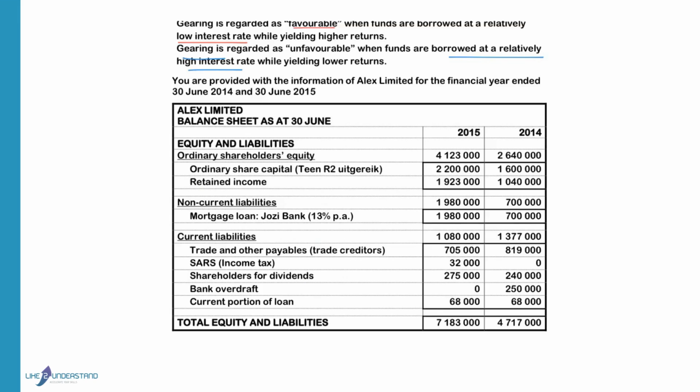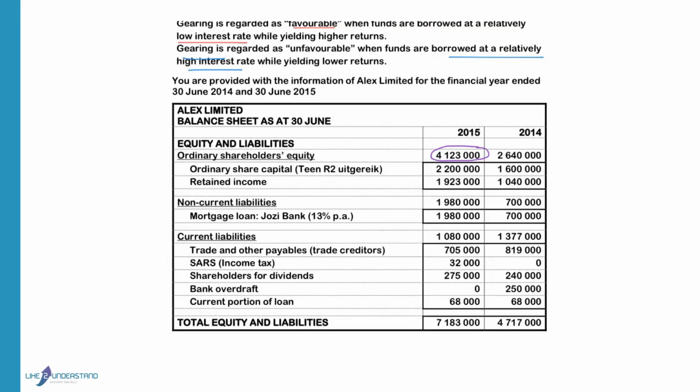The balance sheet of Alex Limited is provided. We have to use the shareholders' equity and the non-current liabilities to compare whether the business used their own capital or whether they used borrowed capital to finance all their activities. Remember that the ordinary shareholders' equity will be the total equity that consists of share capital and retained income, not only of the shares.